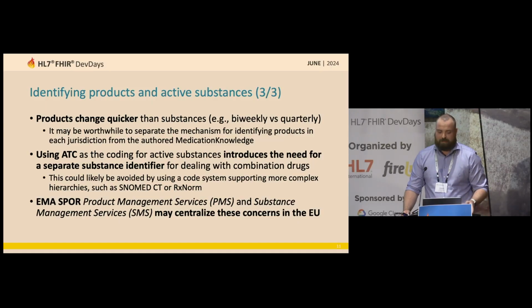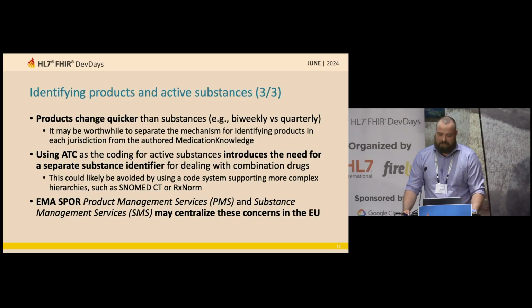So there's quite a bit of difference in the cadence of these updating cycles. So it may be worthwhile to think about separating that, especially if you're working with multiple jurisdictions, so that you don't have to update the whole medication knowledge whenever a new product comes to market.